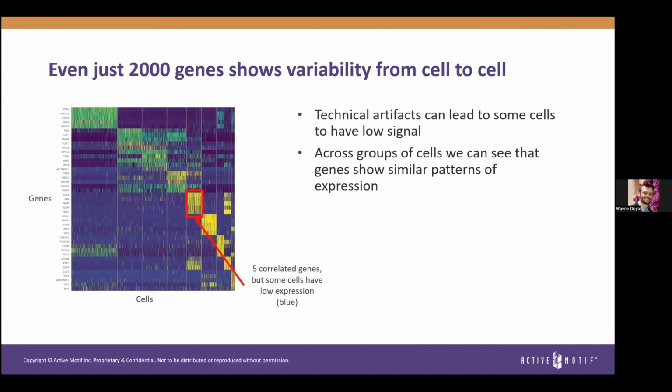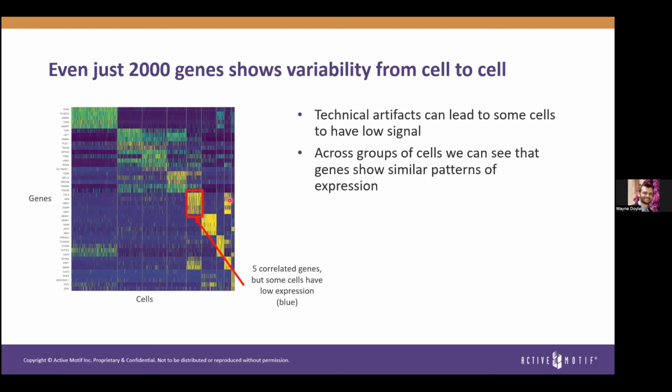But even when we're looking at 2,000 genes, that's still a lot of information for the thousands of cells that we're looking at. So I'm showing here a heat map. Each column here is an individual cell. Each row is a different gene. And increasing yellow color means that there's increasing expression of that gene within that cell. And what we can see is that there's some noisiness.